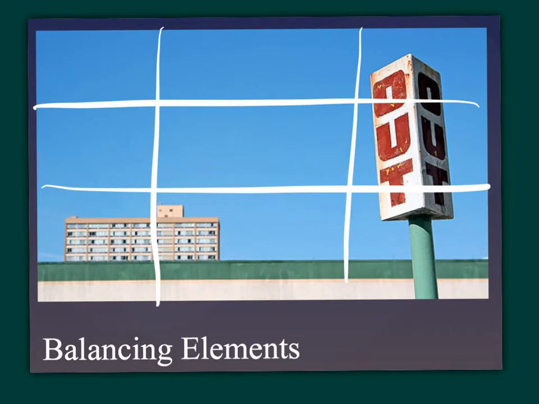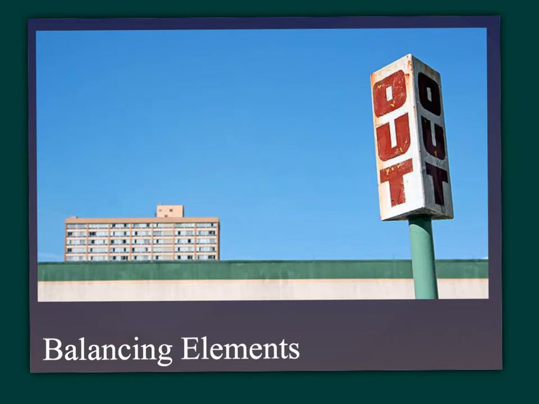Now in this case, you get a nice balance at a diagonal pattern, but any elements that would exist here and here, or here and here, or here and here, would do a nice job of balancing based upon that rule of thirds. Of course, you can also have multiple elements, let's say all four corners, that could work as well. But the idea is that it needs to balance. It needs to be equal on both portions.